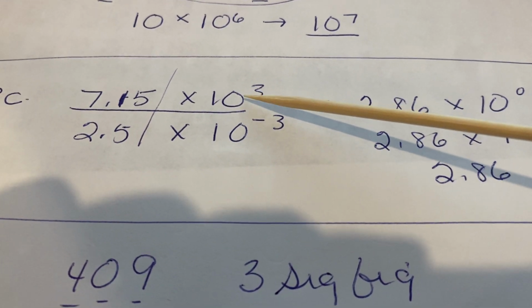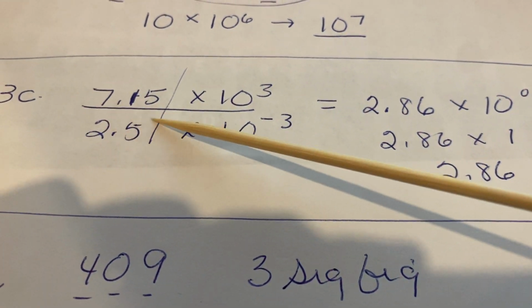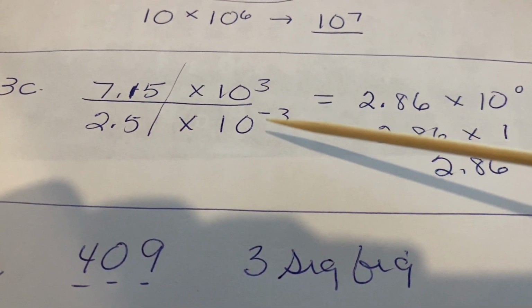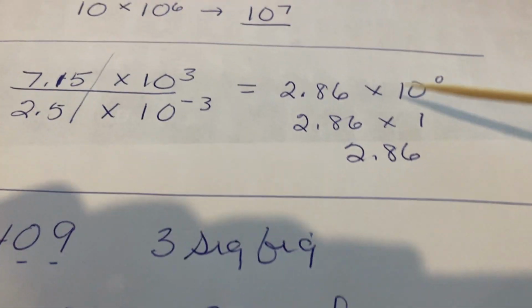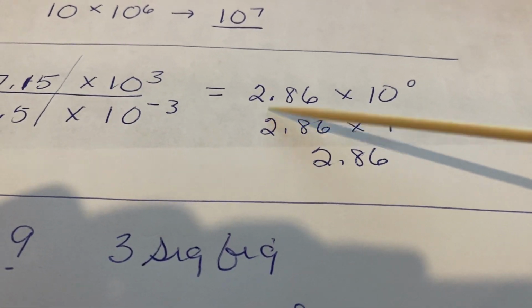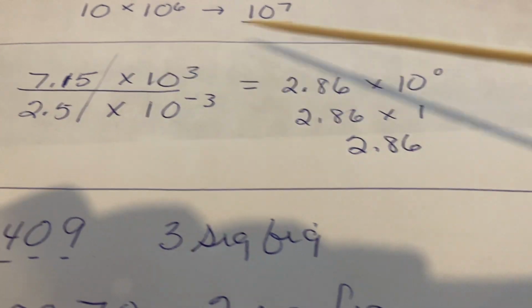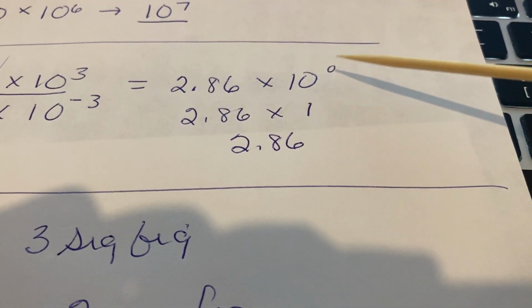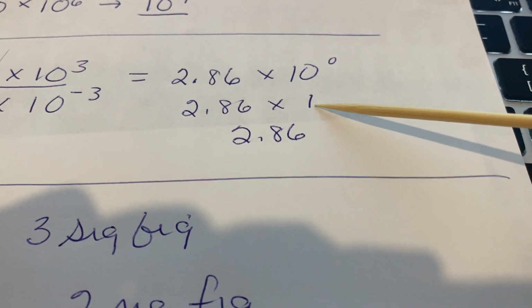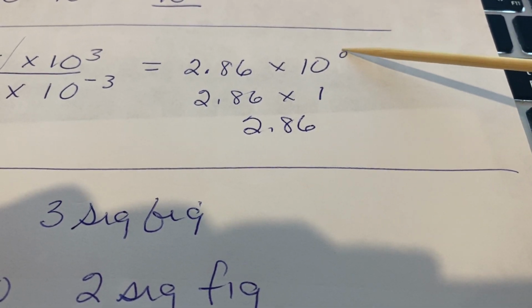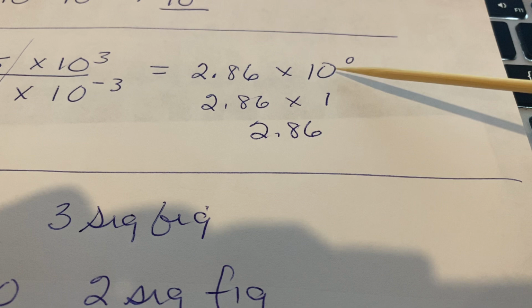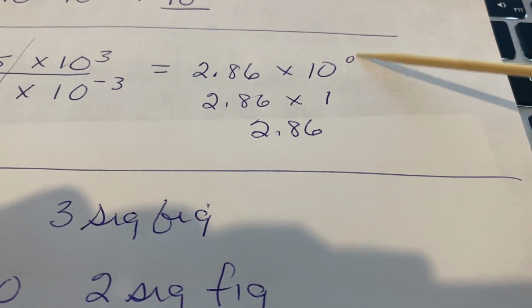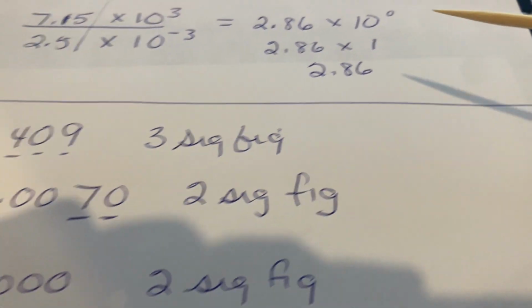And then whenever you have a division problem, 10 to the 3 minus 3, okay, that's going to equal 0. So the answer is 2.86. When we divided this out, we got 2.86 times 10 to the 0 power, which is 1, right? 10 to the 0 is 1, so our answer is 2.86, right? 10 to the 0 is always 1. Any power of 0 is 1.